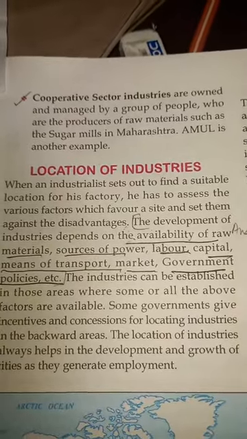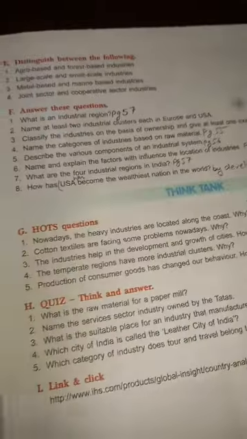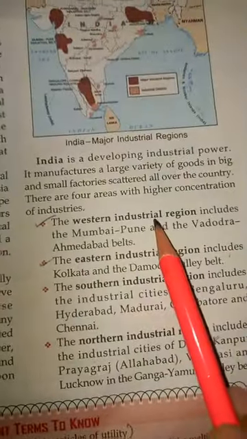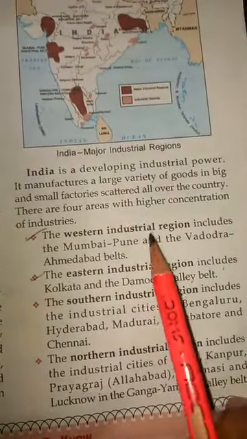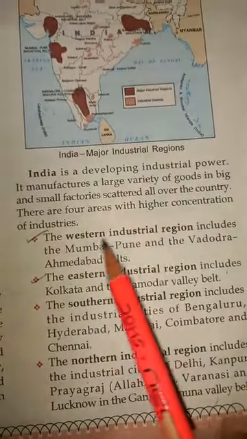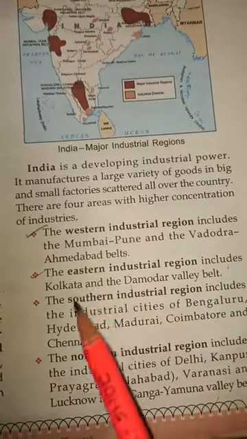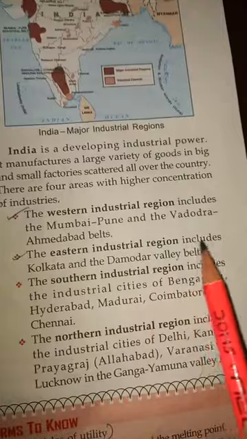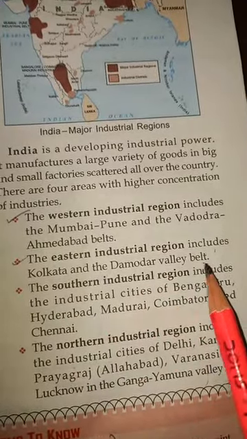Next question is: What are the four industrial regions of India? The answer is given on page number 57. The four major industrial areas of India are: the western industrial region including Mumbai, Pune and the Vadodara-Ahmedabad belt. Number 2 is the eastern industrial region, which includes Kolkata and the Damodar Valley belt.